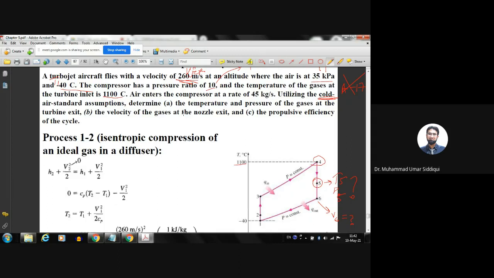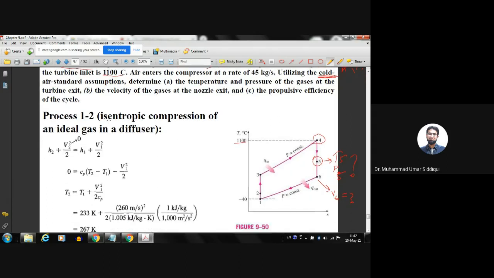So let's start analyzing one by one. Let's first start with process 1 to 2, which is an isentropic compression in the case of the diffuser. We analyzed the first law of thermodynamics for the diffuser in chapter number 5, and we are going to use the same formulation.